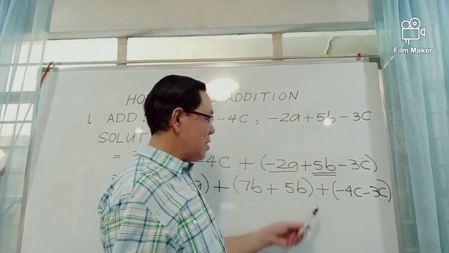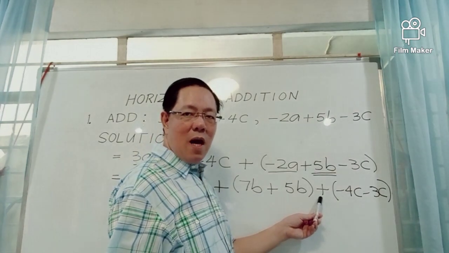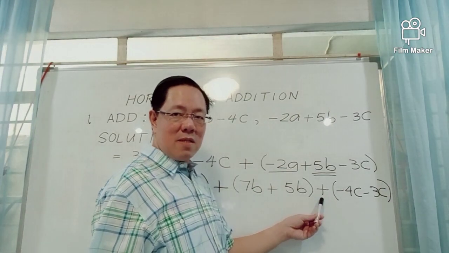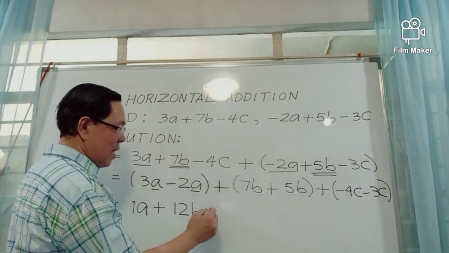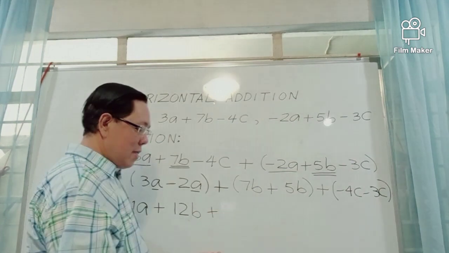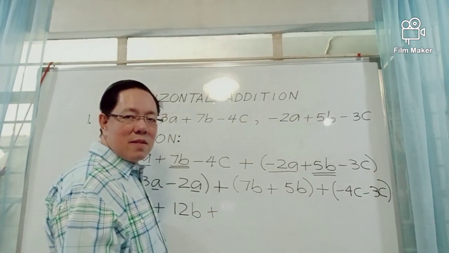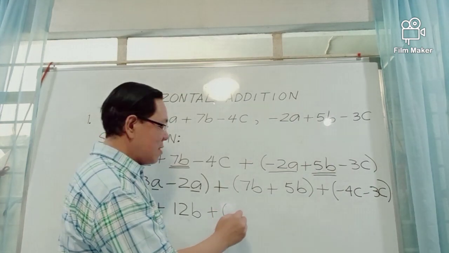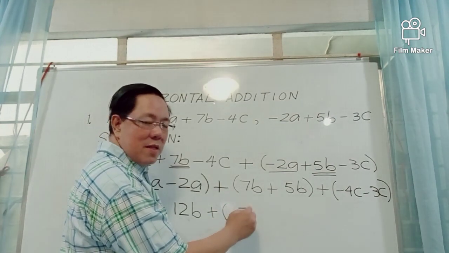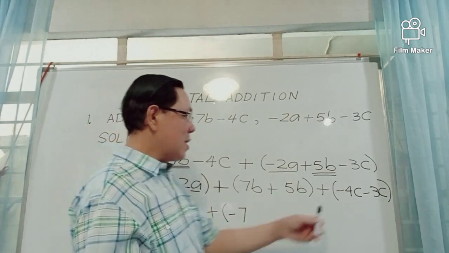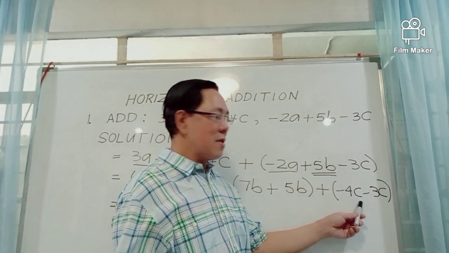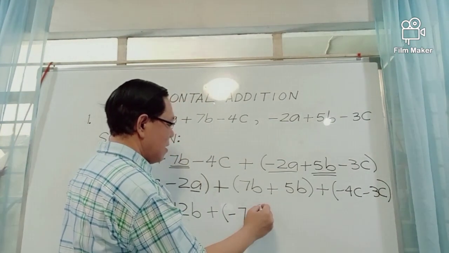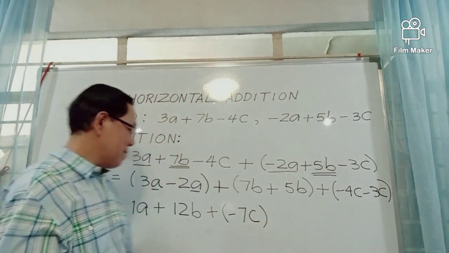But as you can see, we have the plus sign outside the grouping symbols. You can still write plus. We write plus, and the sum negative 7 we write inside the grouping symbols, open parentheses, negative 7. And copy the common literal coefficient c. We have c, close parenthesis.